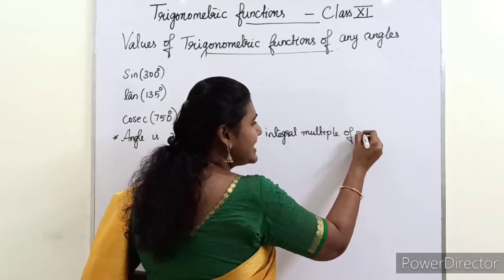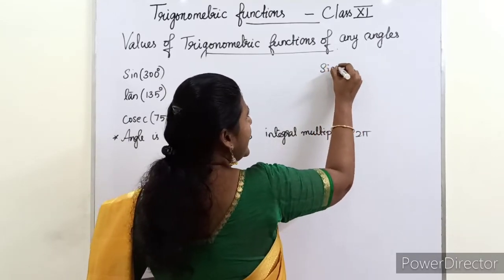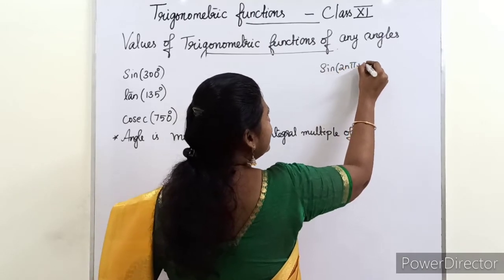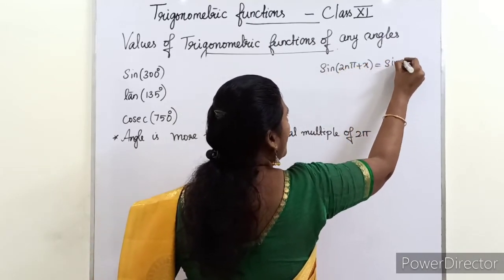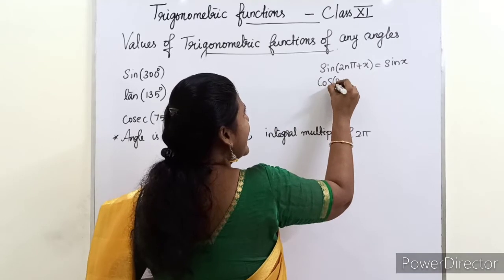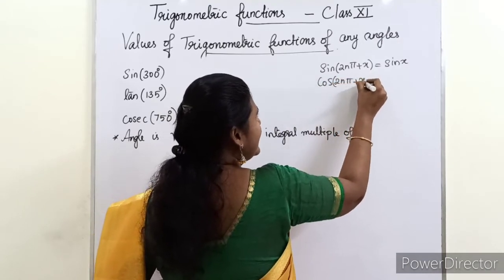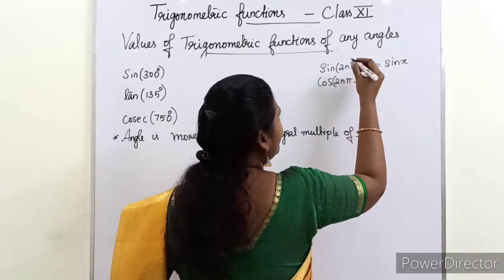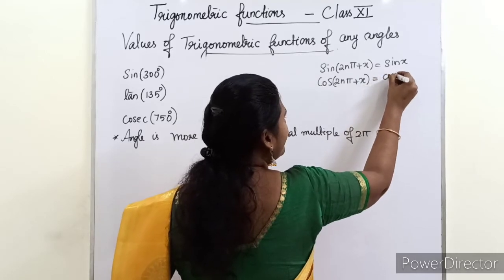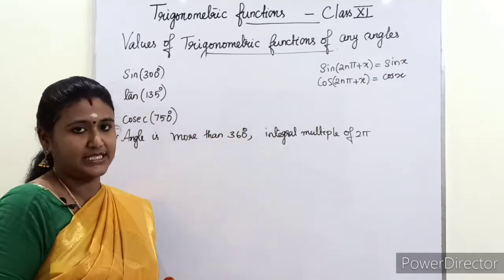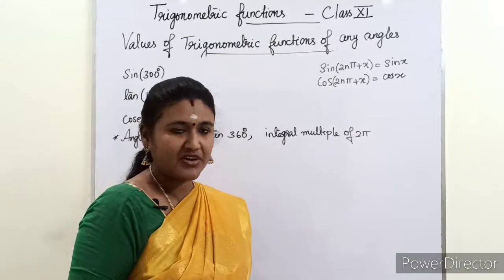Because we have already studied the formula sin(2n pi plus x) is equal to sin x and cos(2n pi plus x) is equal to cos x. That is, if the angle is an integral multiple of 2 pi, the function will not change. This is true for all the trigonometric functions.